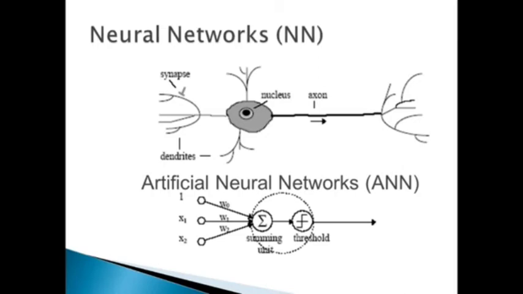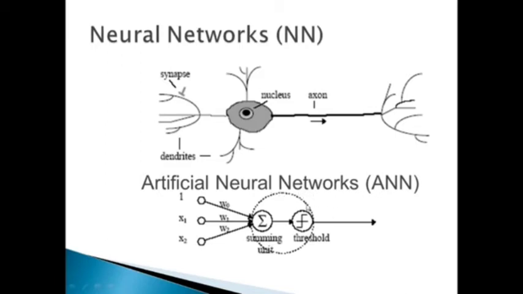And then this is a diagram of neural networks. The first diagram shows the biological neuron, which consists of synapses and dendrites, with the nucleus as the center point, and the axon. Here we are comparing it with the artificial neural network.